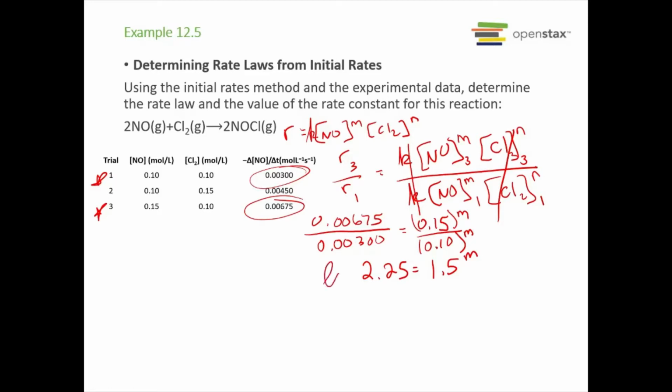Go ahead and take the natural log of both sides. So now we have that M times the natural log of 1.5 is equal to the natural log of 2.25. M is equal to the natural log of 2.25 divided by the natural log of 1.5.